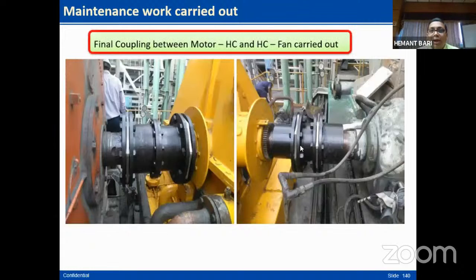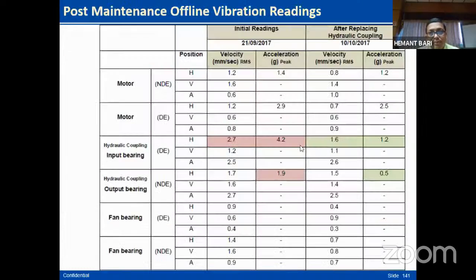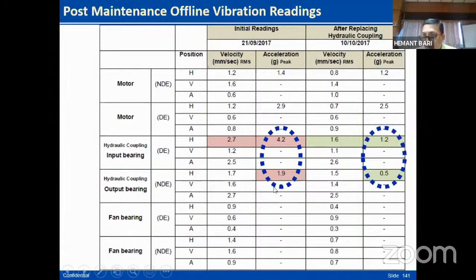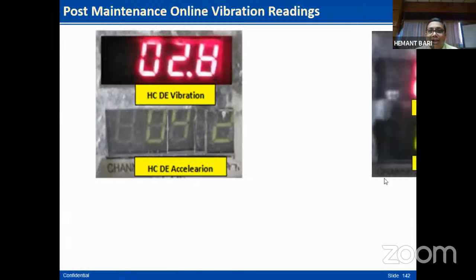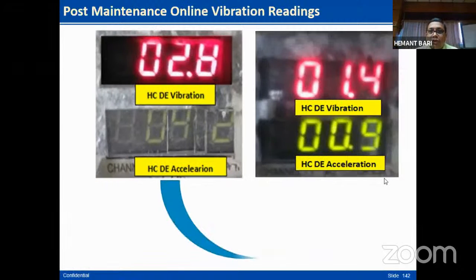Motor to hydraulic coupling to fan alignment was done, and see the results. The acceleration was 4.2 initially, means before replacing, reduced to 1.2. Okay, and here 1.9 to 0.5. Online readings also reduced to the normal, 4.2 to 0.9.